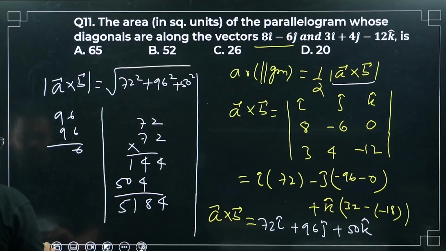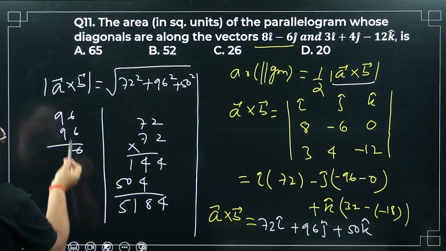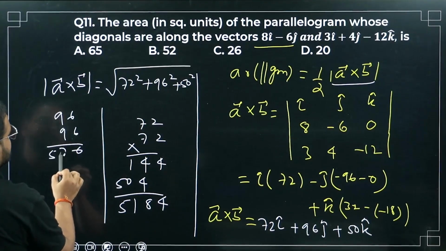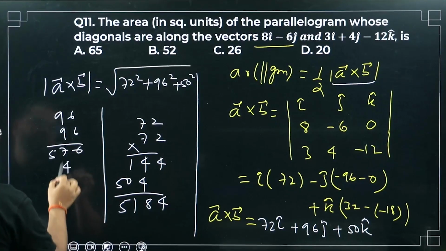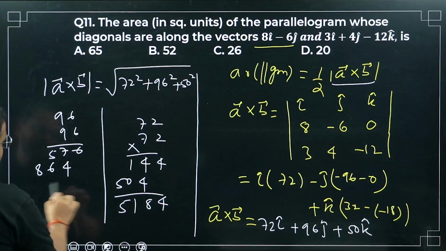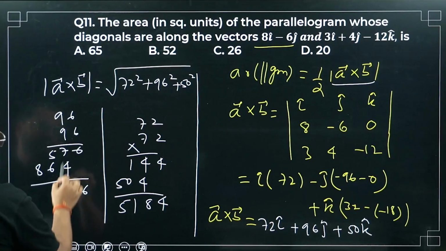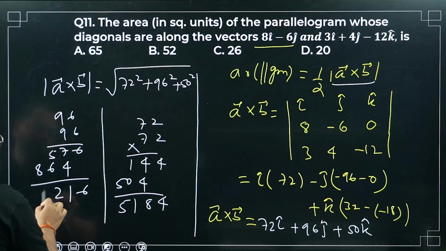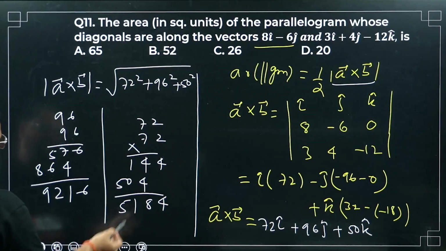If you're not sure, do the multiplication from your side also. 6 times 9 is 54, plus 3 is 57, 9 sixes are 54, in hand 5, 9 nines are 81 plus 5, 86, right? Okay, so 9216, 5184.